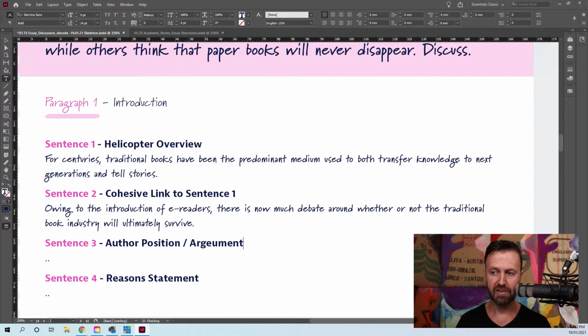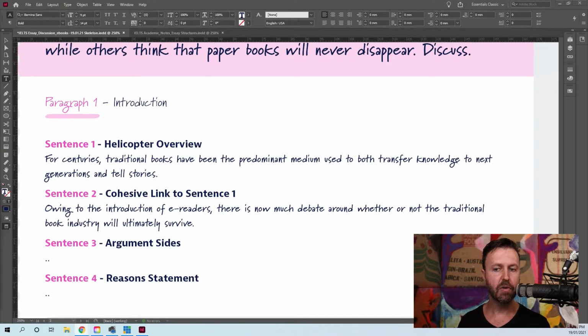So let's just change that here. Cool. So argument sides, what we're basically going to say to the reader, the listener, is, these are the options that are in front of us. Some people think this, well, some people think this, and then a reason statement underneath that. So let's just copy the next one down.